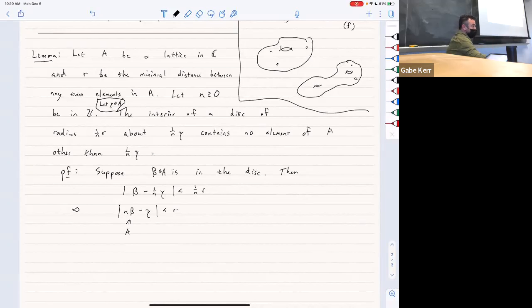So the norm of n beta minus gamma is less than r. r is the minimal distance between any two elements. I've got something of smaller distance, so they must be equal. So that means that n beta equals gamma, so beta is the same.